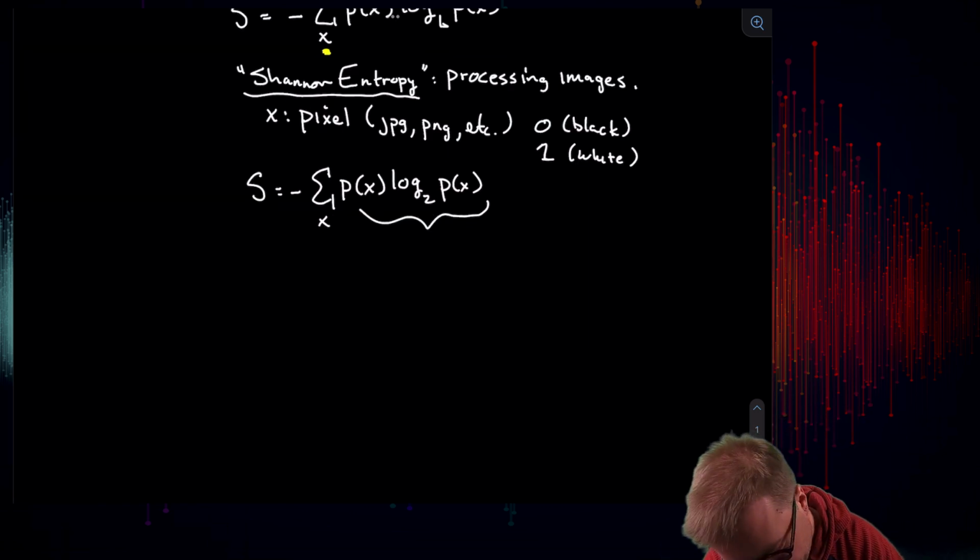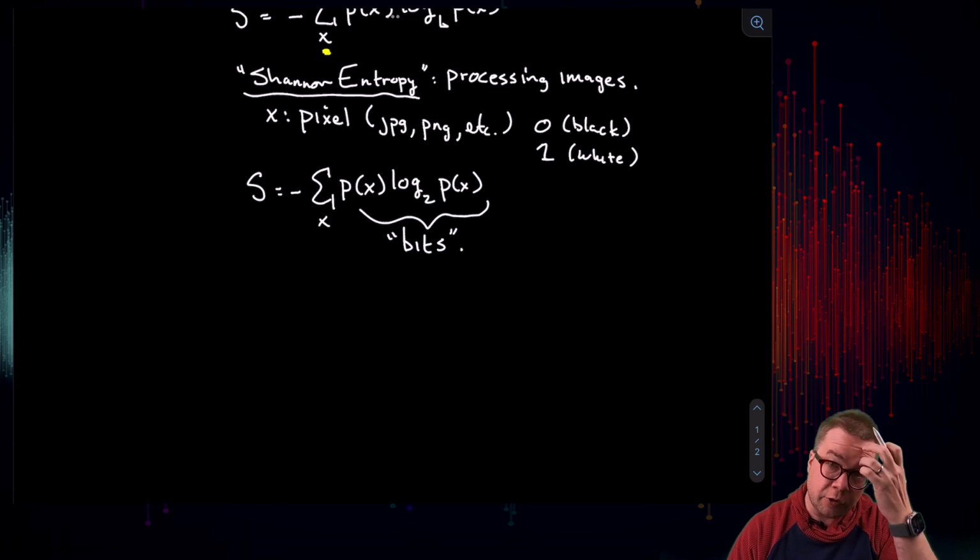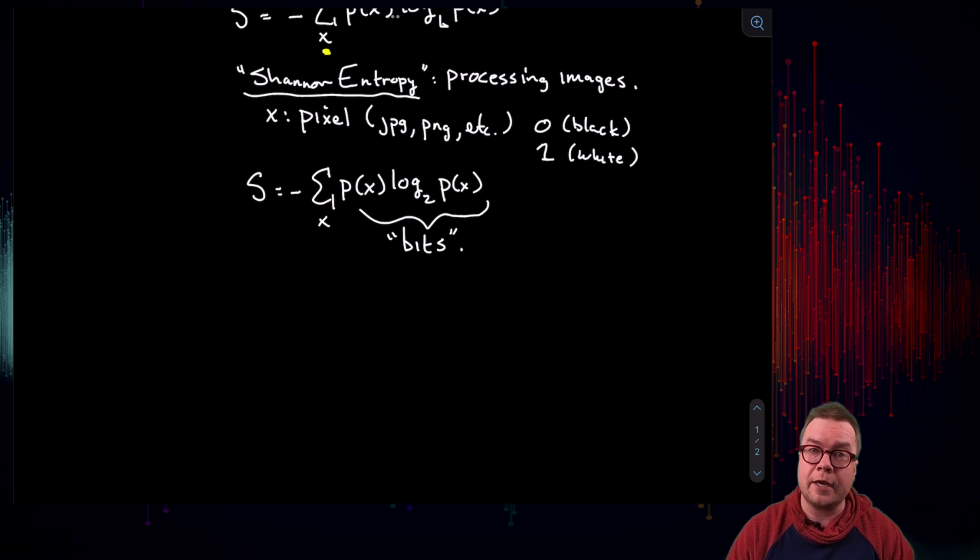Okay, so this thing right here is going to give us what we call bits, which are the same bits that you talk about in terms of computer storage, right? There's a certain number of bits that your computer hard drive or solid state drive can store, and it's the result of individual transistors in your computer's hardware being able to take on a value of 0 or 1, not unlike the case of the Shannon entropy.